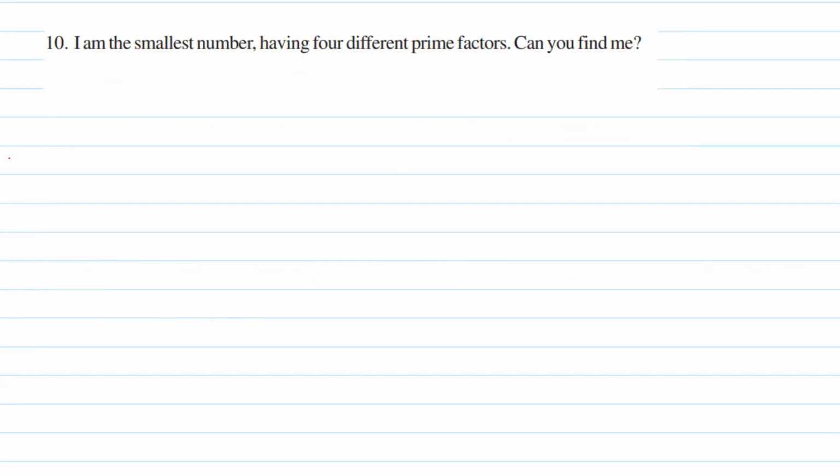Okay. Answer 10. I am the smallest number having 4 different prime factors. Can you find me, the smallest number having 4 different prime factors? Now we know, because it is the smallest number, that means we can have the product of the smallest prime numbers.